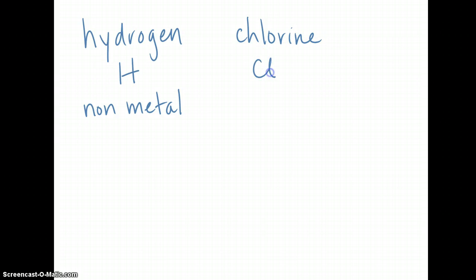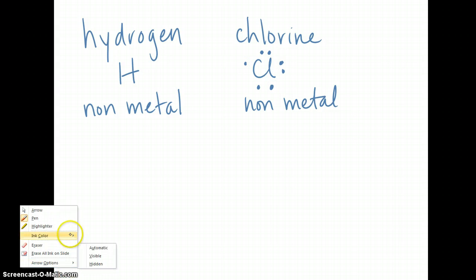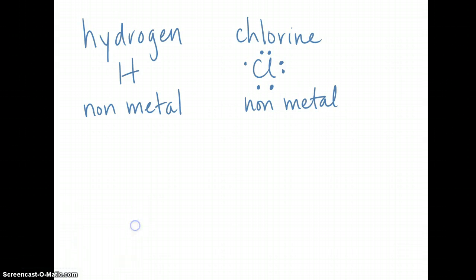Chlorine, Cl, is a non-metal. So let's do our Lewis structures on here. We'll do chlorine to have 7 electrons, like we said before. And hydrogen, we'll use a different color, we'll go for orange, has 1 electron.